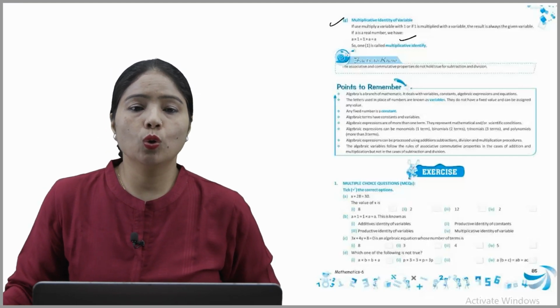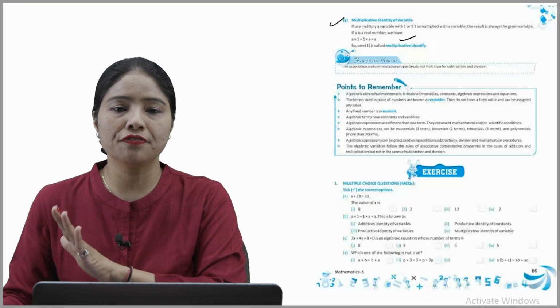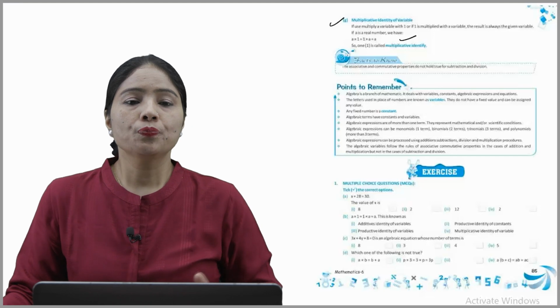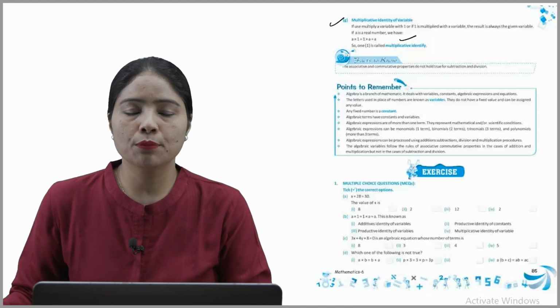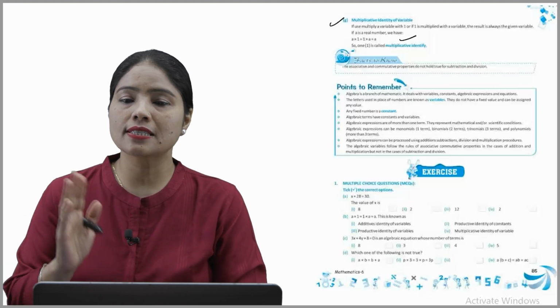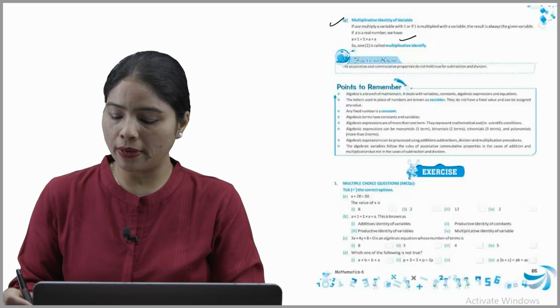So 1 is called the multiplicative identity. I hope you understood well. Now facts to know: the associative and commutative properties do not hold true for subtraction and division. Hope you understood well.